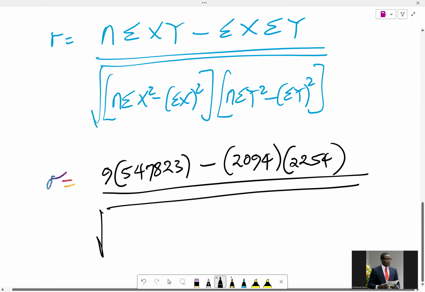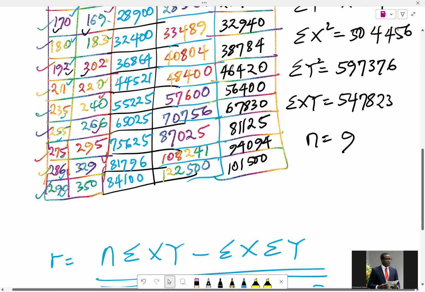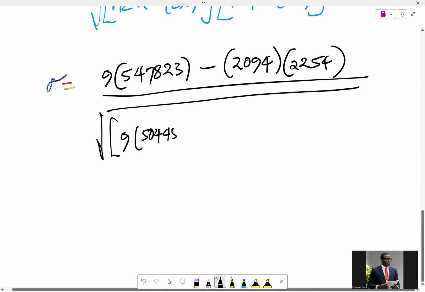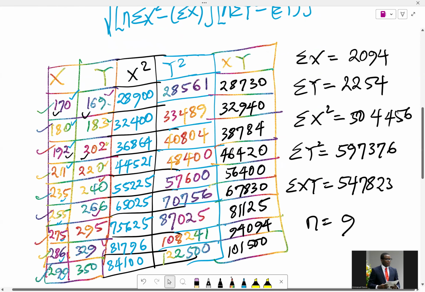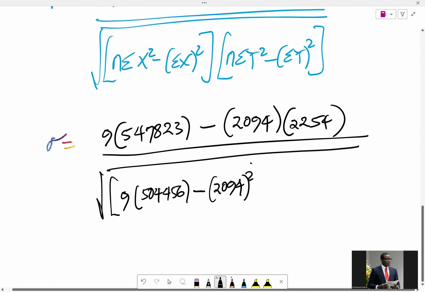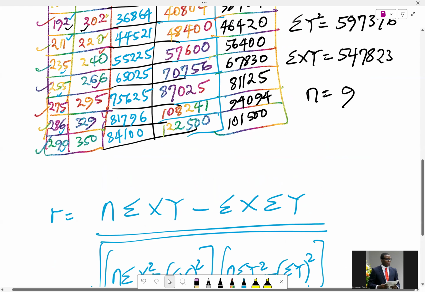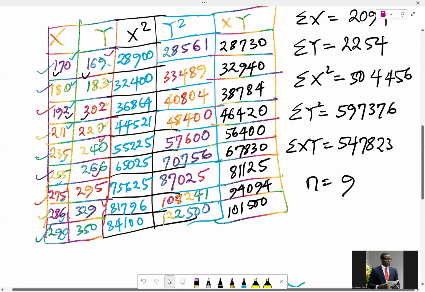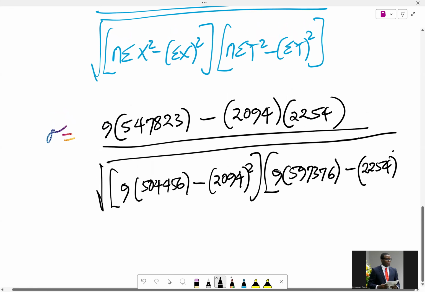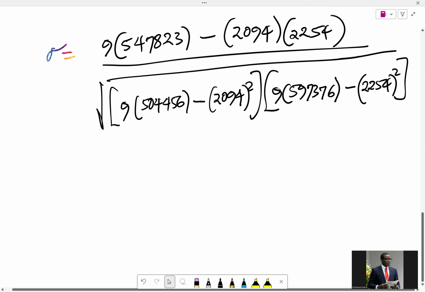Then square root of 9 multiplied by summation of X squared, 504456, minus summation X all squared, that is 2094 squared, into 9 again times summation of Y squared, that is 597,376, minus summation of Y, which is 2254 all squared. Okay, so things are getting better.